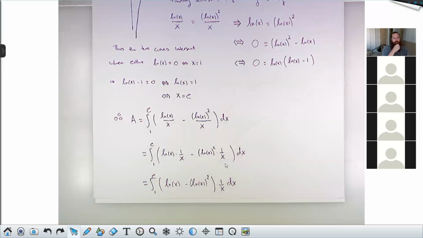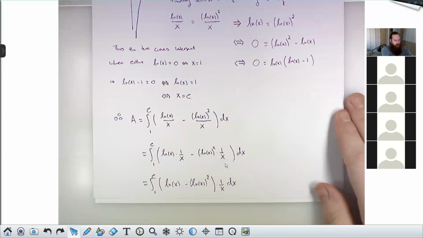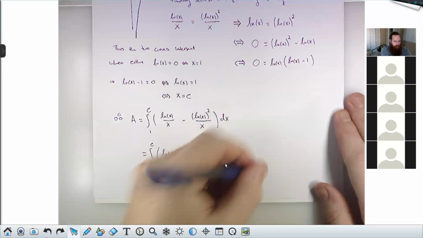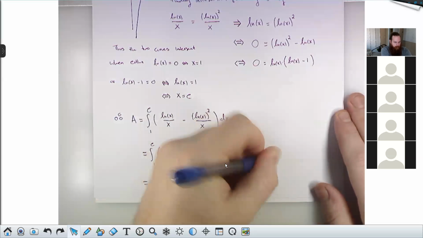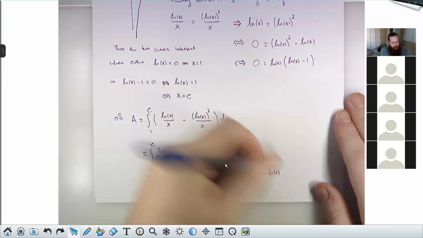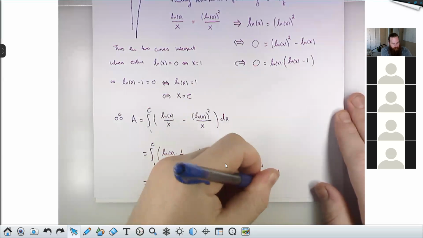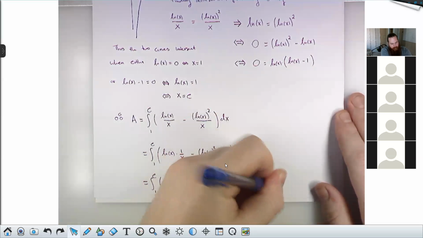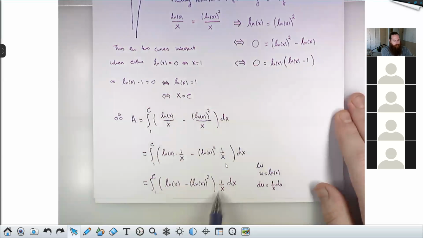I factor the 1 over x. And now I can make the substitution u equals ln x. So I let u be the natural log of x. Then du is going to just be 1 over x dx, which is why it's so convenient to factor this.